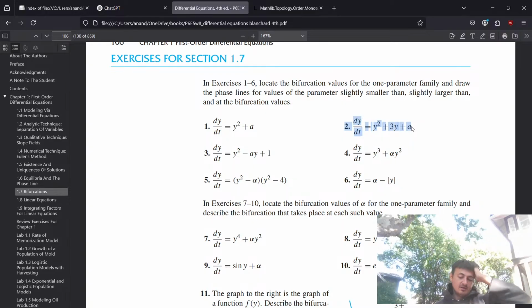So actually, it's not going to tell us anything because it's 0. So what we can do is evaluate dy/dt at like minus 2, for instance. So we're going to get 4 minus 6 plus 9 over 4. That's positive. All right, and then let's do y equals 0, and that's positive as well. So that means that we have a node here.